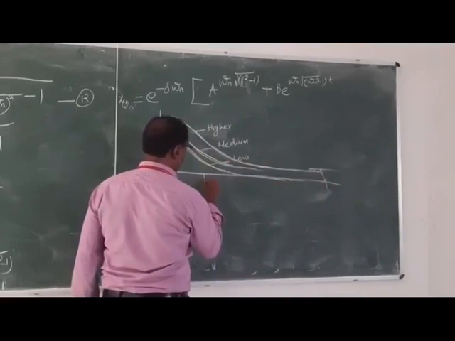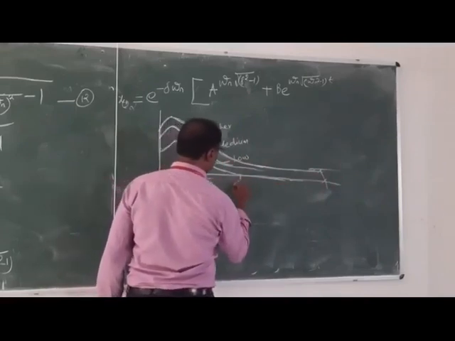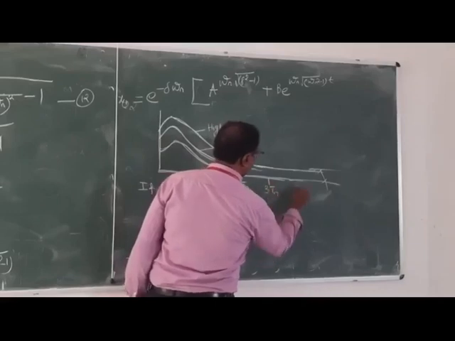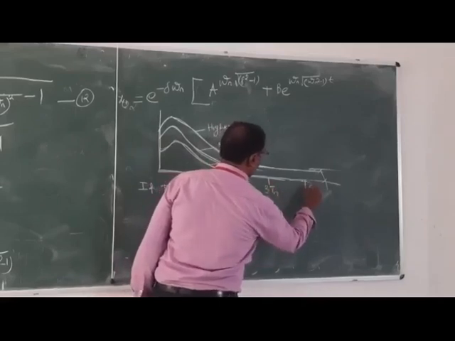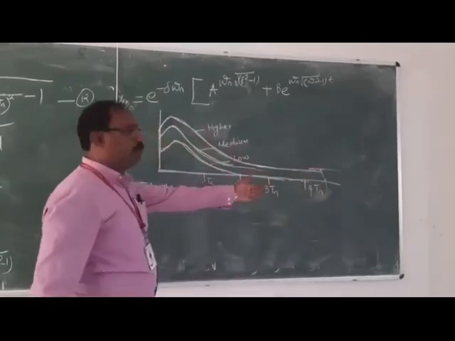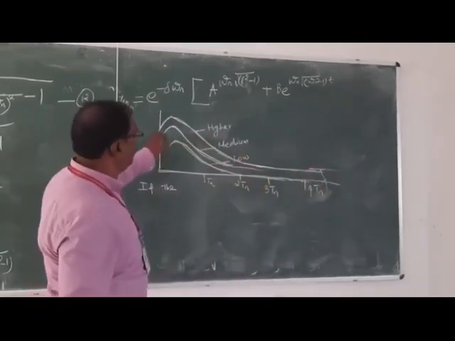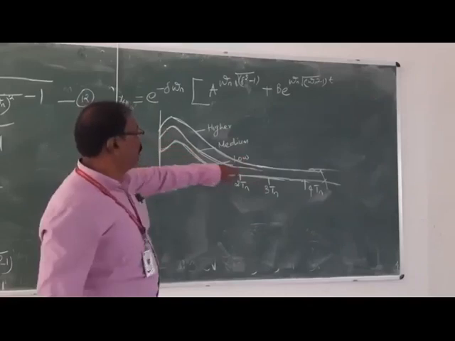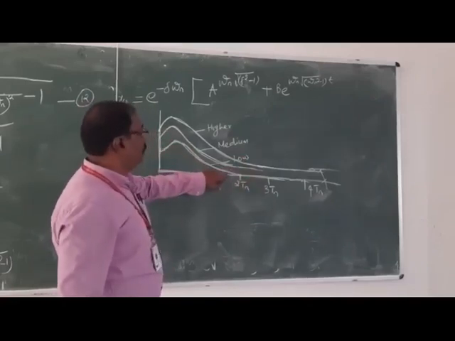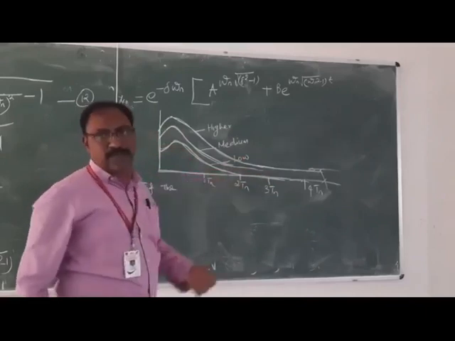Suppose it is 1 natural period, 2 natural periods, 3, 4. You take more time to decay the vibration. Similarly, the medium will take 3 natural periods, but low damping will take lesser time.